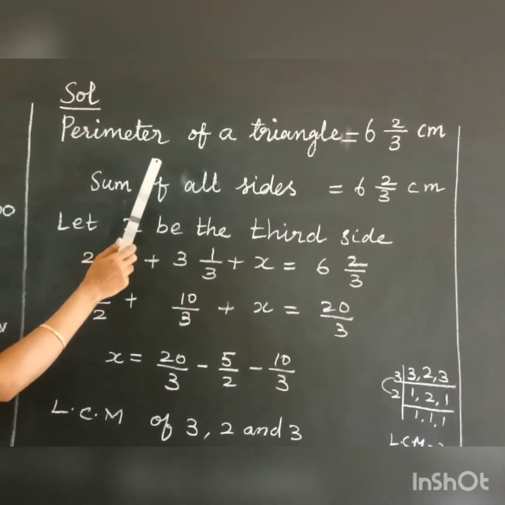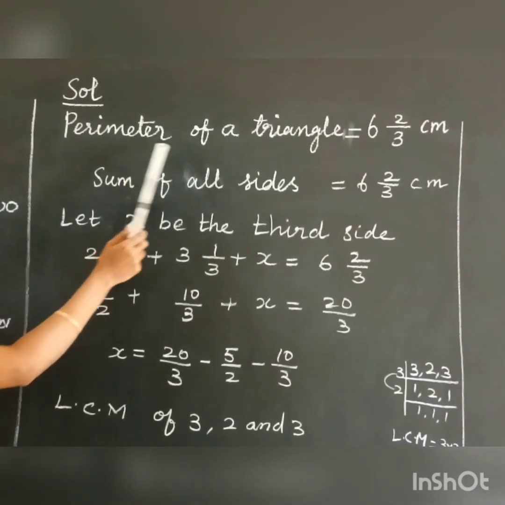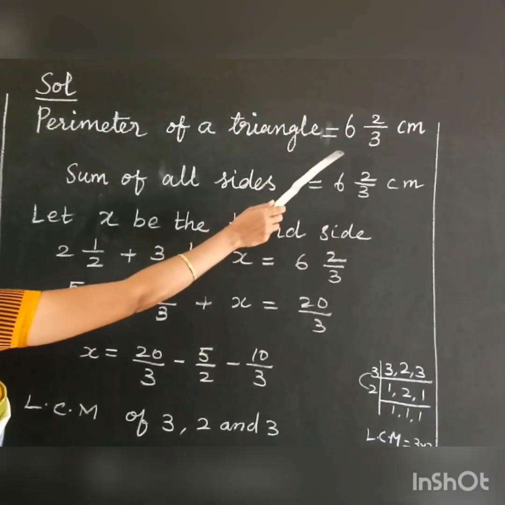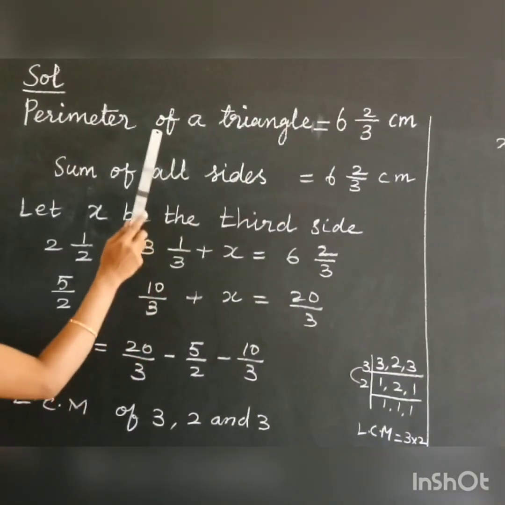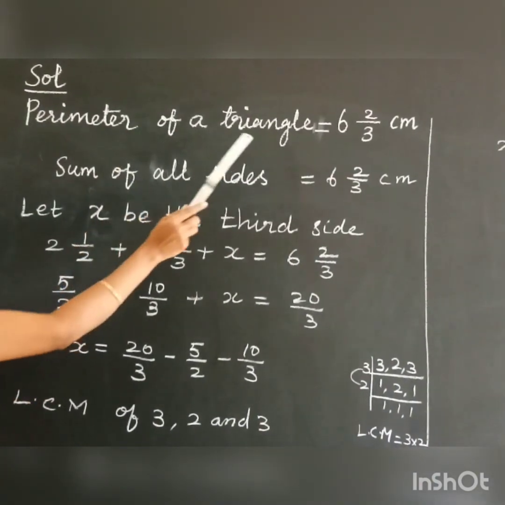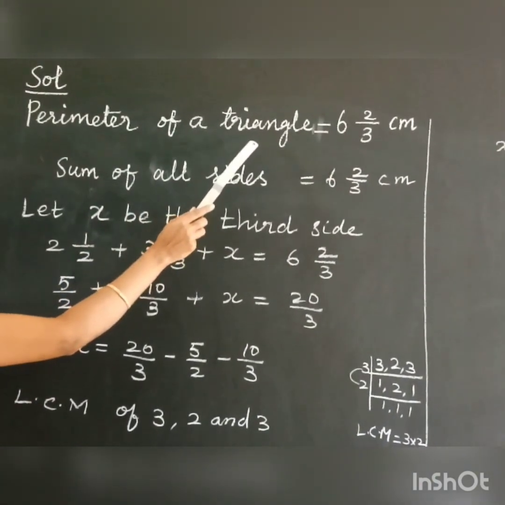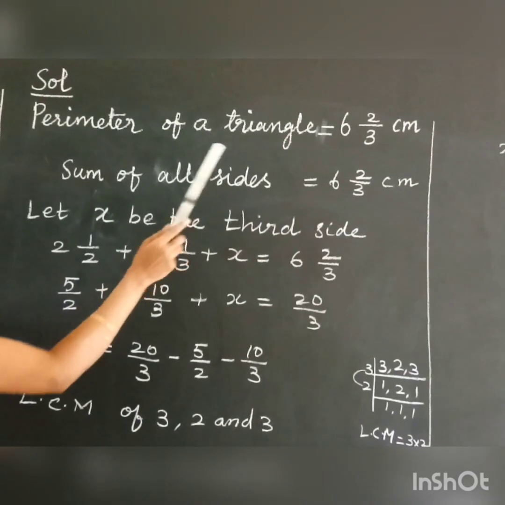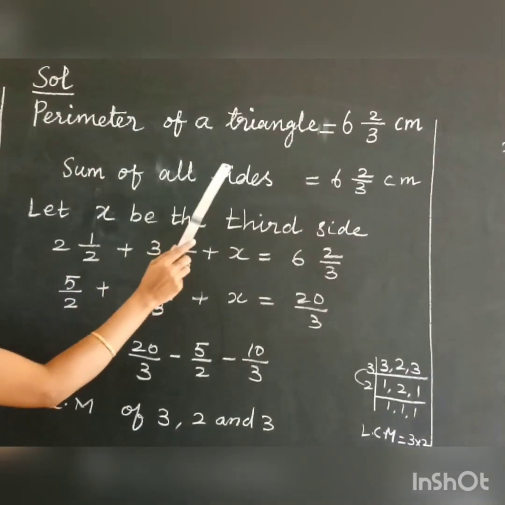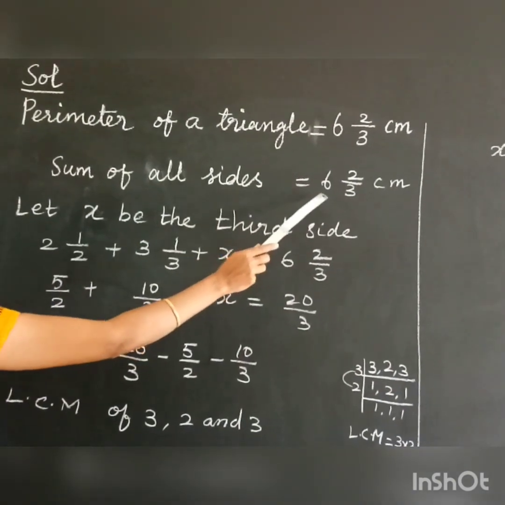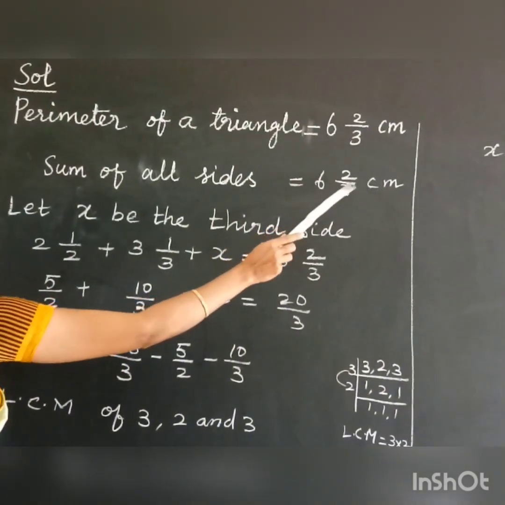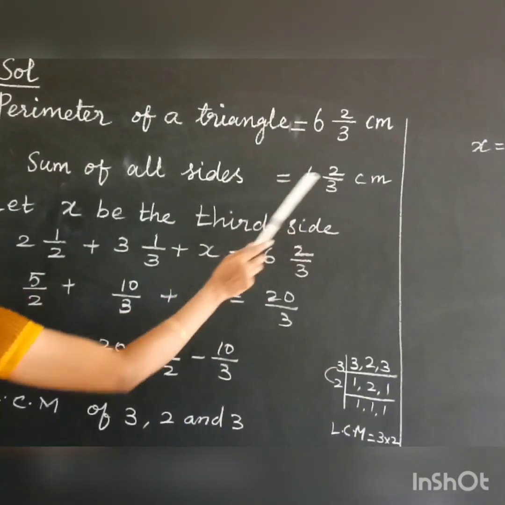What is given? The given is perimeter of your triangle equal to 6 2/3 centimeter. And then what is the formula of perimeter of the triangle? You already studied this in 6th standard, isn't it? So sum of all 3 sides. How many sides are here? 3 sides. And we get the answer 6 2/3 centimeter.